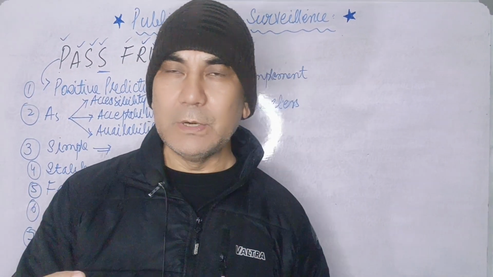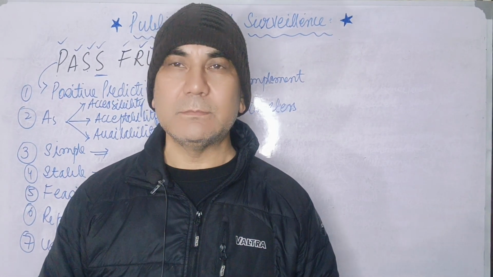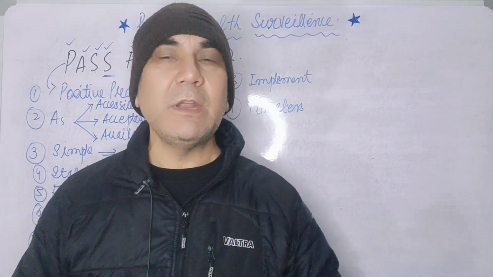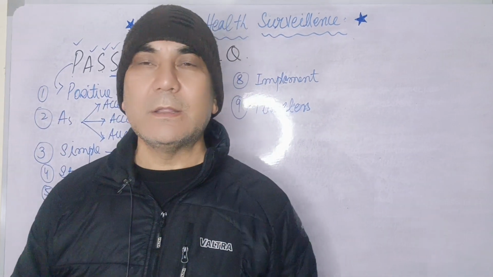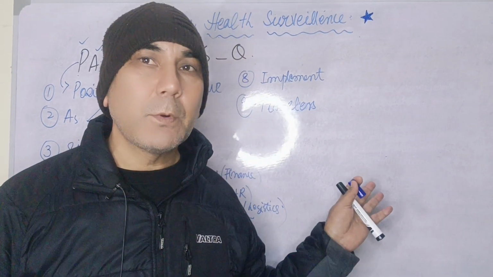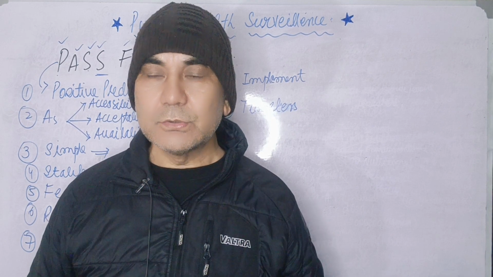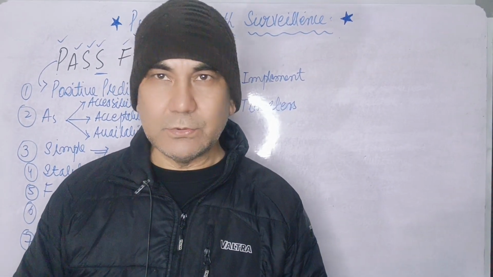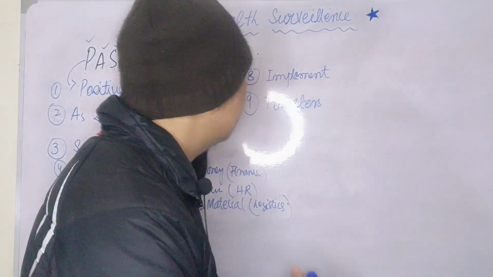If you cover the surveillance system in a quick way, in proper time, the result will be disseminated very soon to the decision making authority level. So prompt action will be taken for prevention and control, and we can minimize the number of cases, the incidence, and the burden of the disease in a timely way.